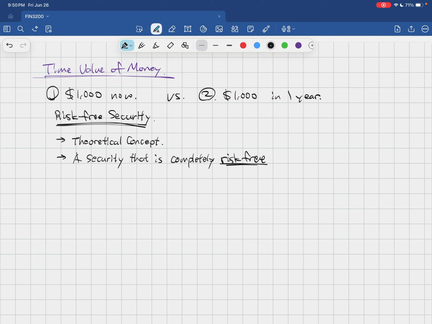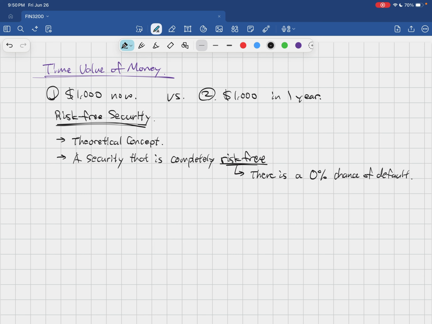Risk-free here means there's a 0% chance of default.